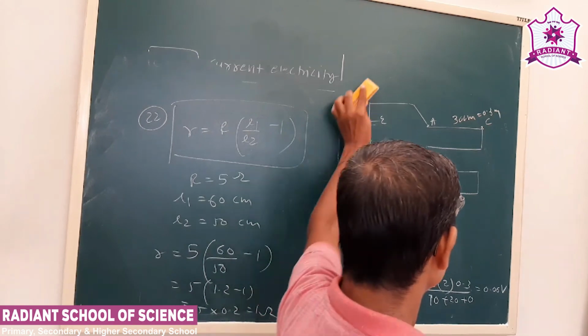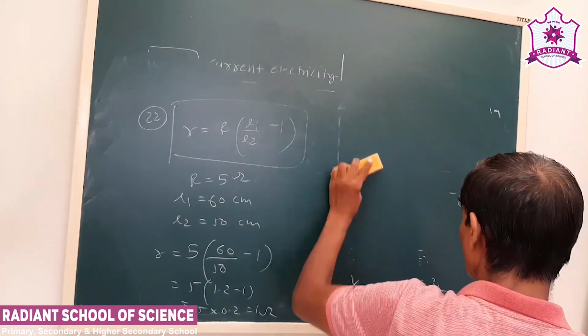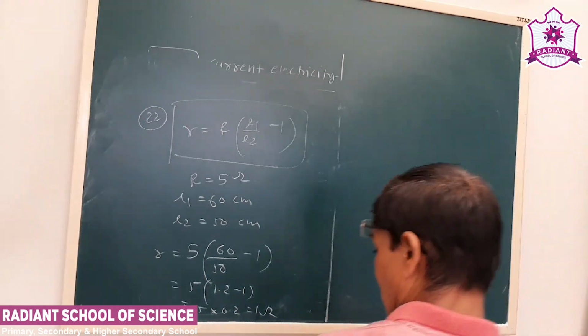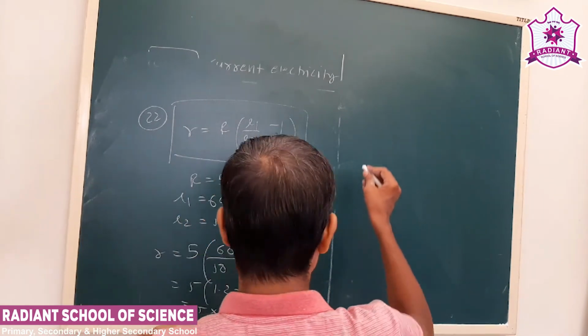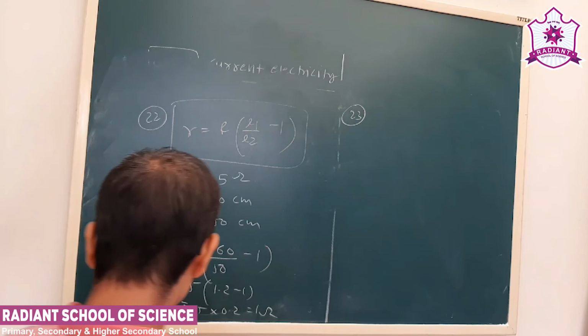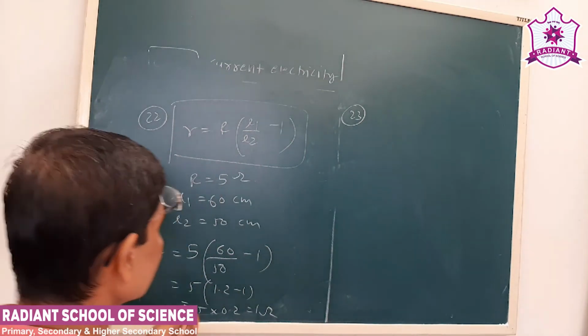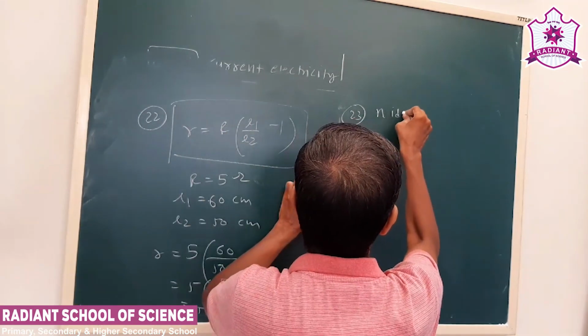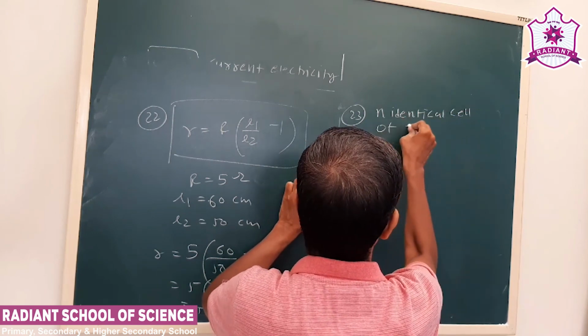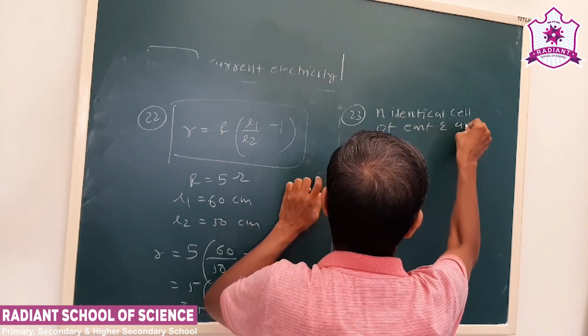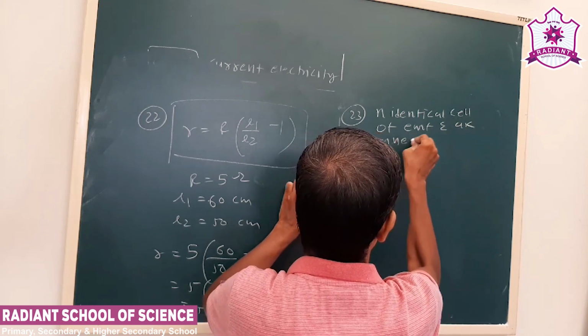Okay. Now next is MCQ number 23. Okay. Now see n identical cells of EMF E are connected.